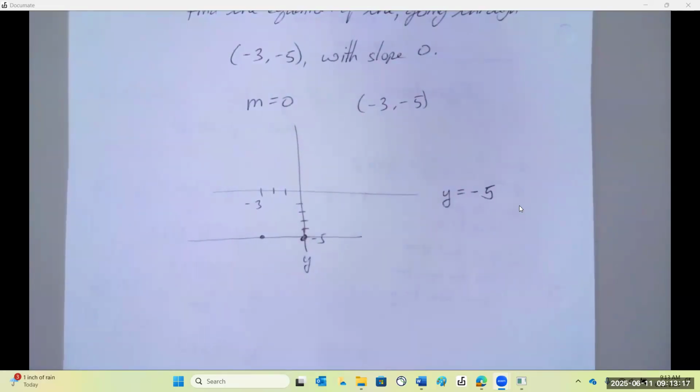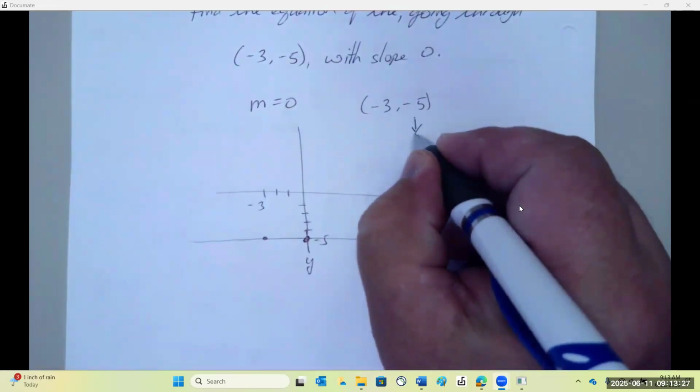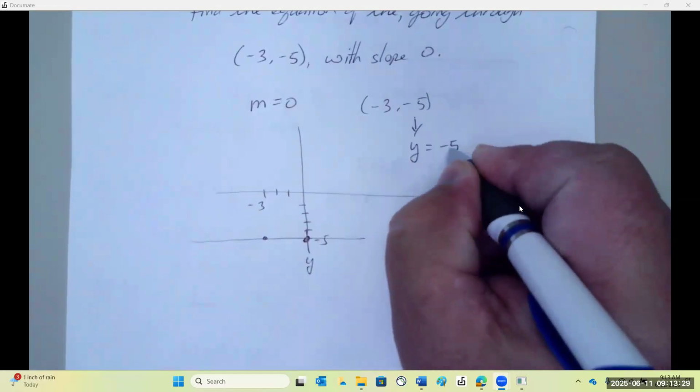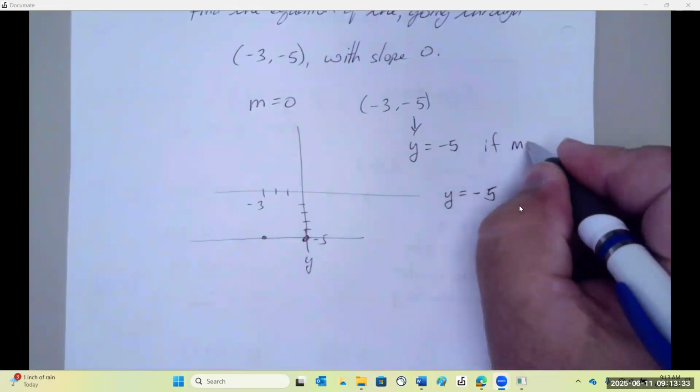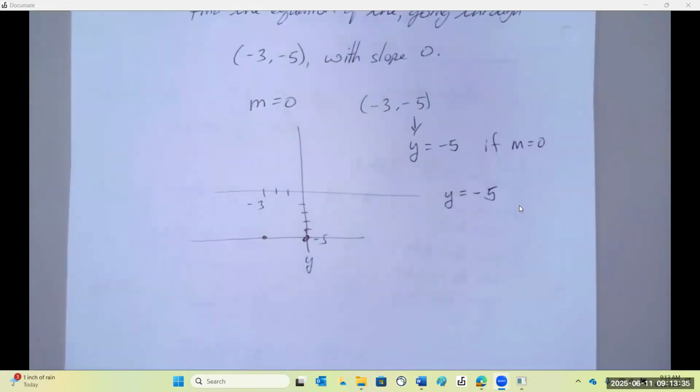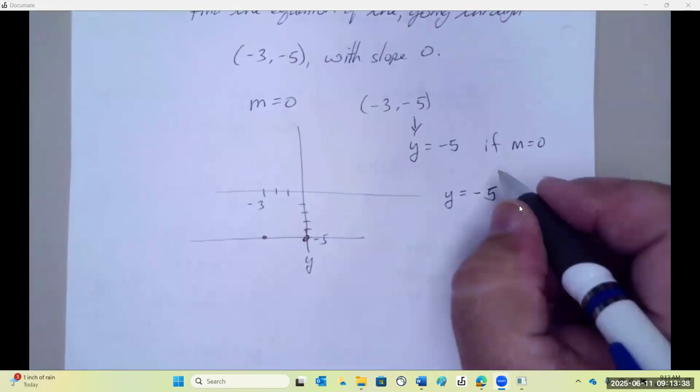At -5. So if your slope is 0, then your equation is simply the y value. If your slope is 0.